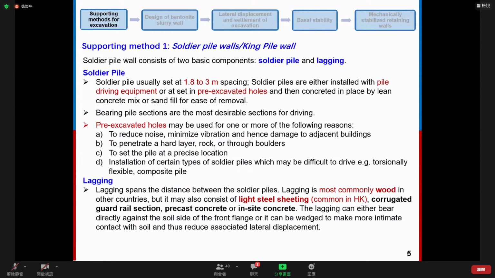Before we start introducing the first supporting method for excavation, we need to know why we even need excavation, why we even need a supporting system for excavation. So here, let me insert one slide.